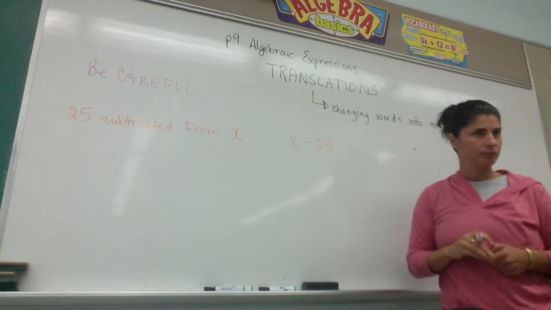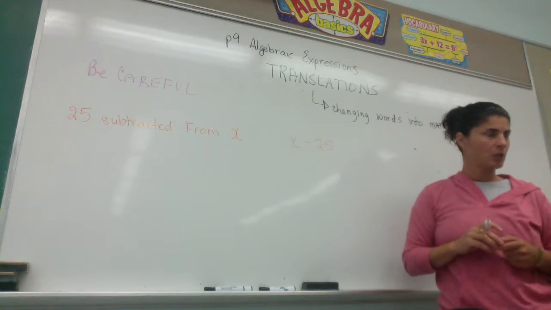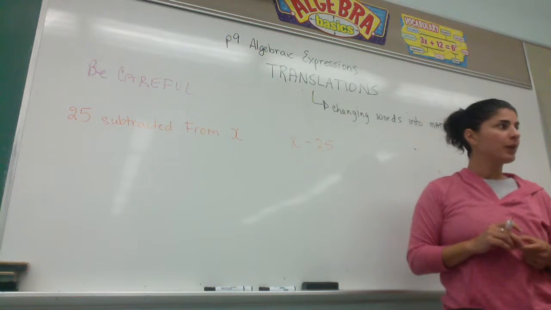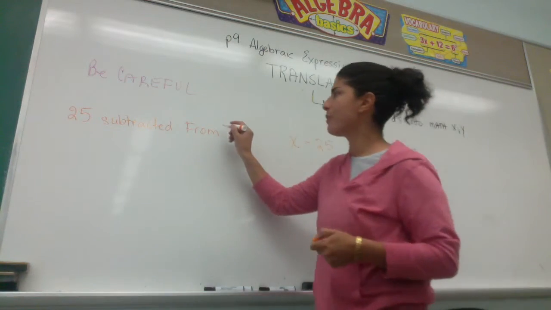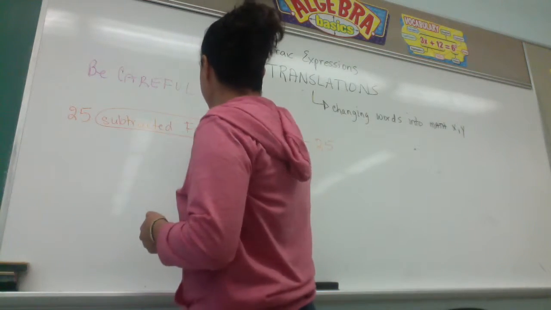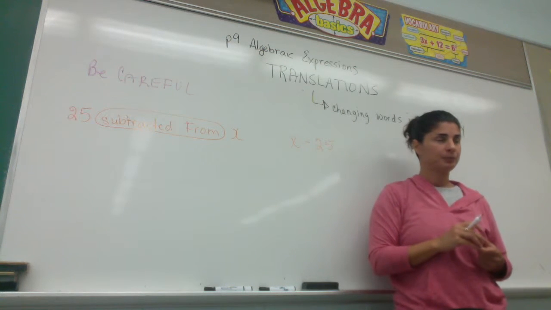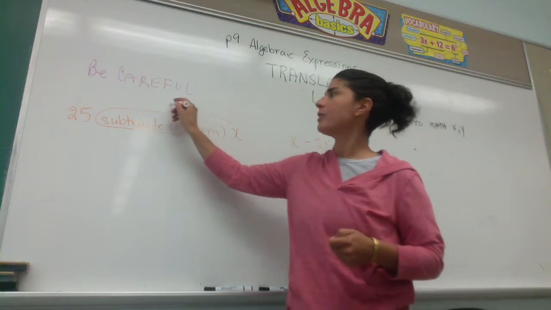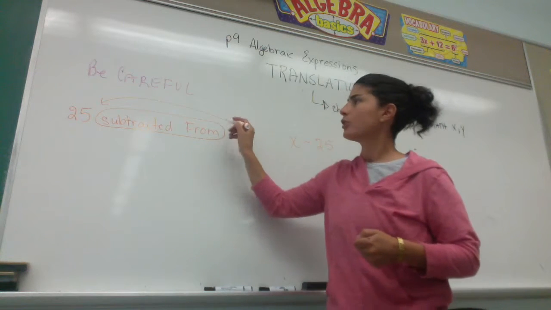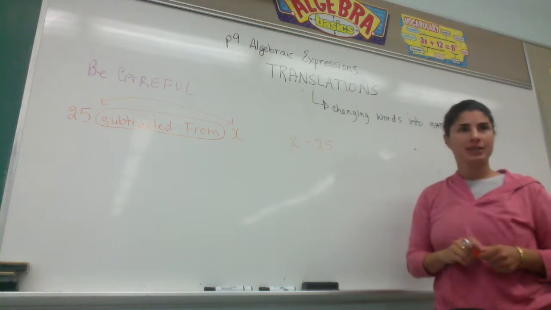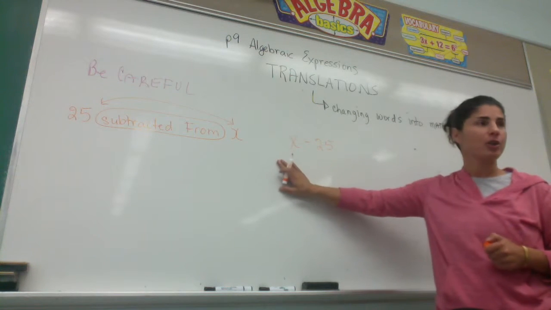So what you have to underline and remember forever and ever is that whenever it says subtracted from, you have to switch the order of these two. So it's not 25 minus x, it's x minus 25. It's important, or else you're going to always get it wrong.